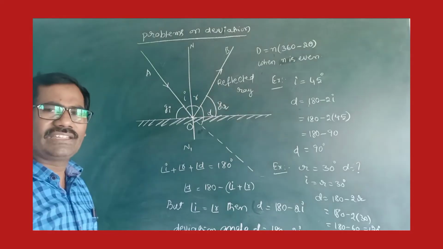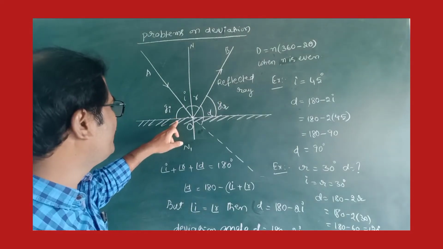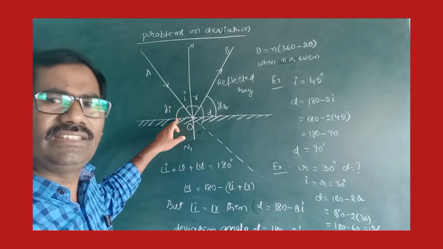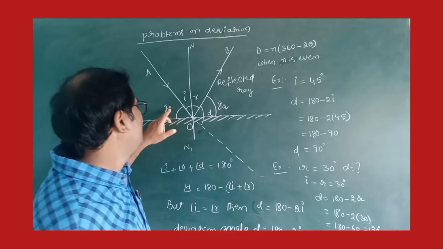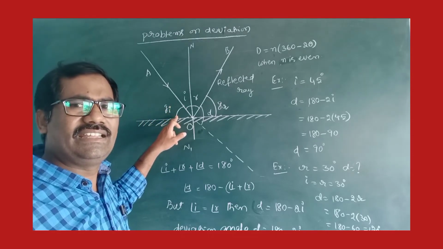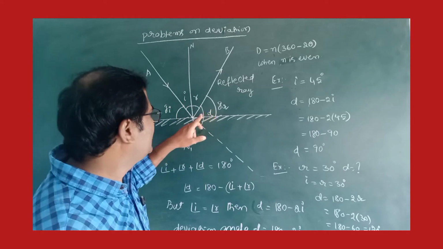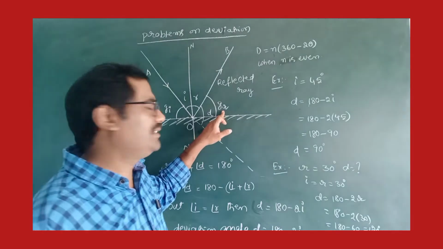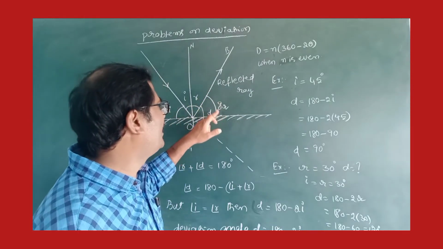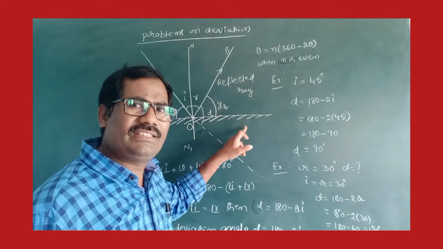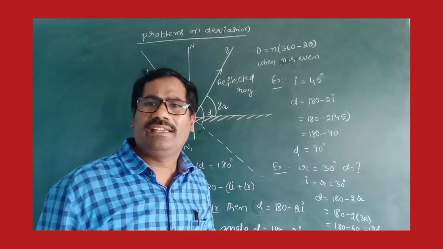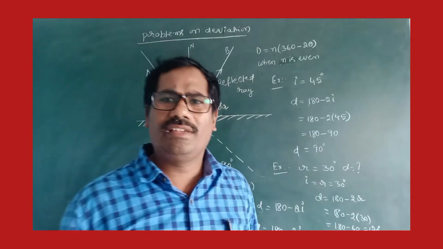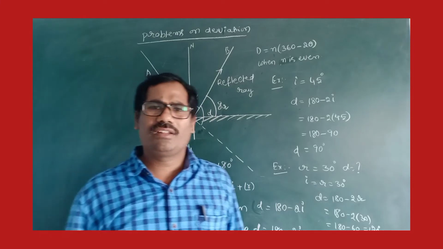The angle made by the incident ray with the mirror surface is known as the glancing angle of incidence. The angle made by the reflected ray with the surface is known as the glancing angle of reflection. In these formulas, note what the conditions are.